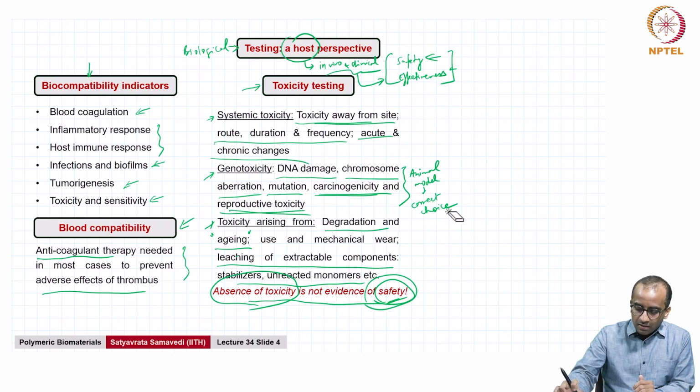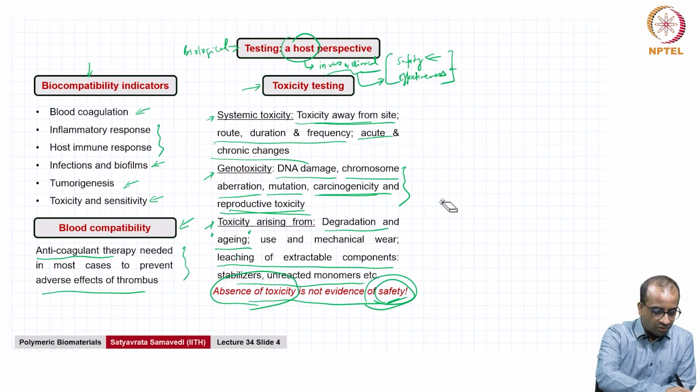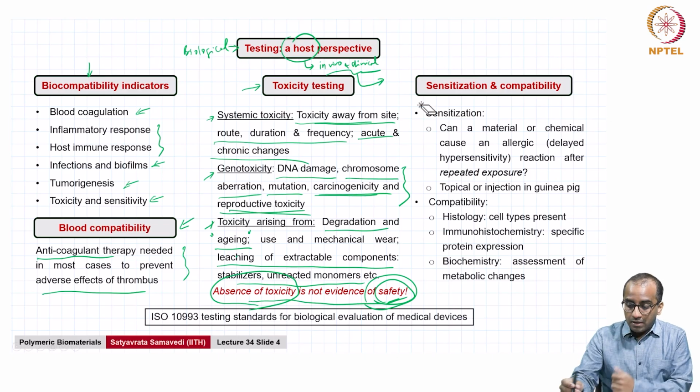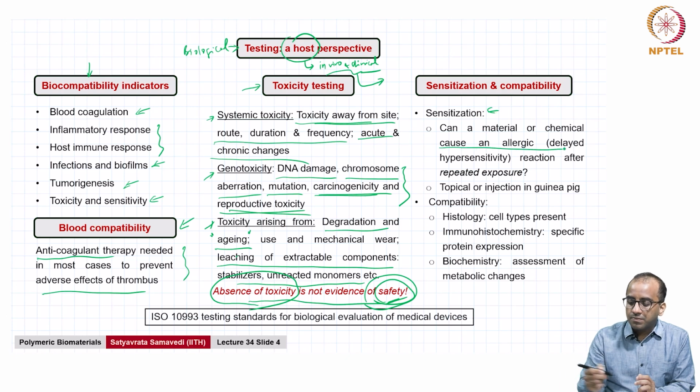Now, the other aspect involved in testing from a host perspective is sensitization and compatibility. Sensitization essentially asks: can a material or a chemical cause an allergic reaction after repeated exposure?